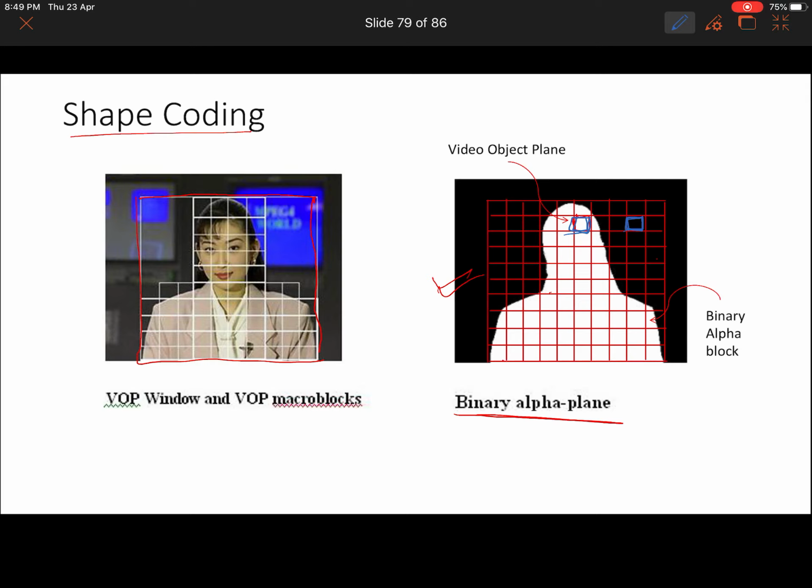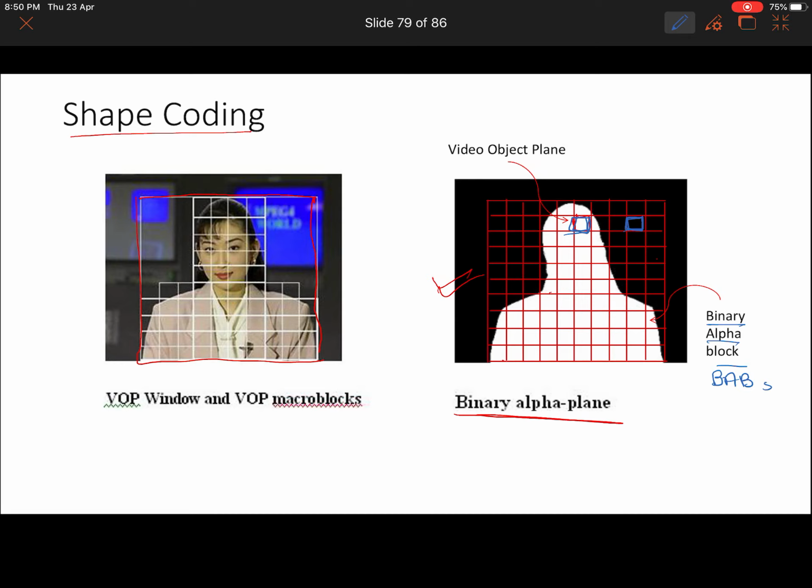So for the shape coding, we don't need to code these blocks, but there are also blocks which are called binary alpha blocks or BABs. These are the blocks which contain both background and foreground or the object pixels.